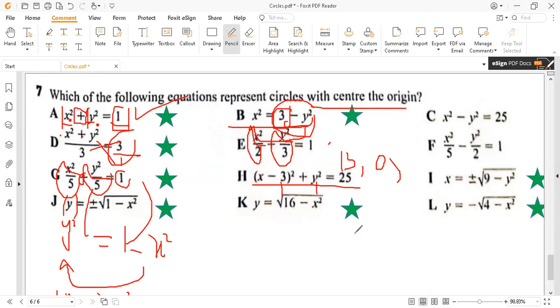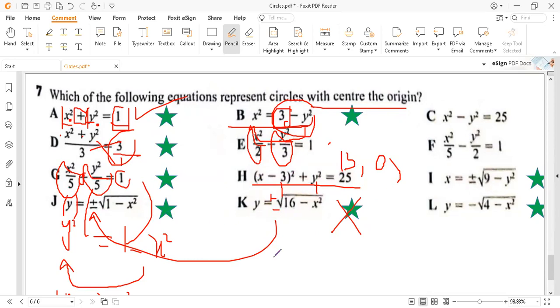And for example, no, it is not a circle. It is an equation of half of the circle, because we don't have a plus or minus as we have it here. But we can consider it as the half of the circle, or the semicircle, centered at the origin as well.